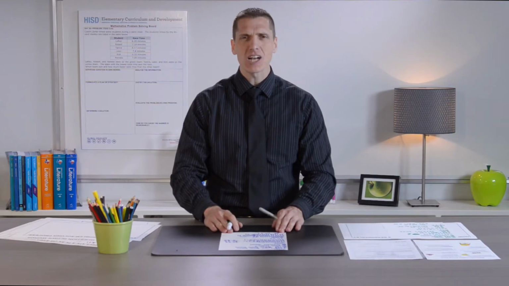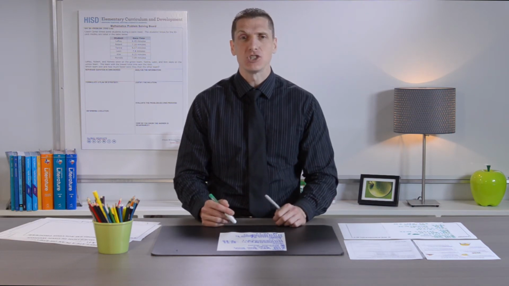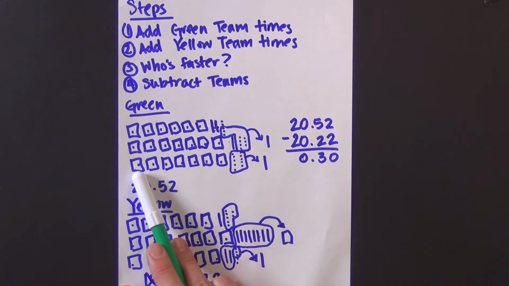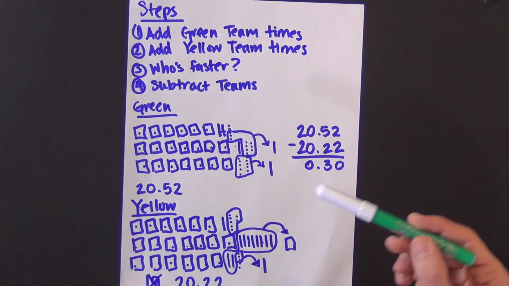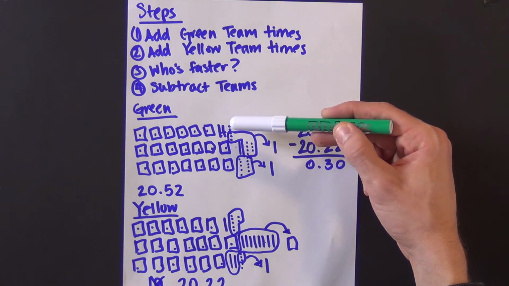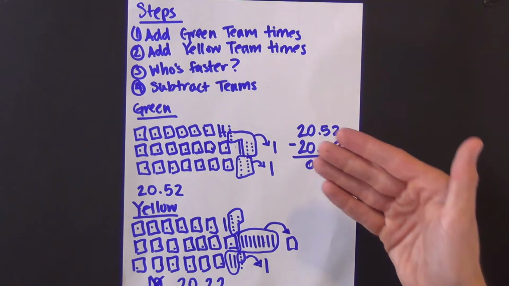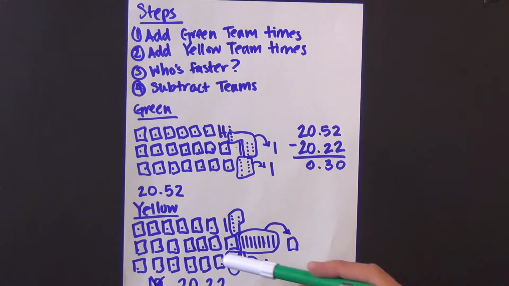When I look at her actual work though, I see something very different from what I did. She's drawn a pictorial representation of the time that the teams spent. Using the flat as a whole, I see that she's drawn 20 here for the green team, and then she's drawn longs to represent the tenths, and small little dots to represent the hundredths. She does this for both the green team and the yellow team, and then there's this process of comparison that I can see in her work.